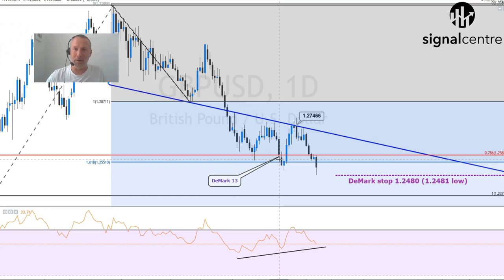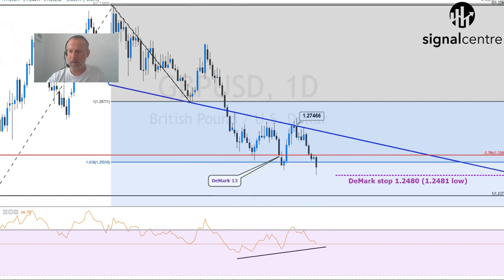We'll probably do an educational video on how to calculate those at a later date, but I've calculated it, and the DeMark stop for that 13 count is located at 124.80. Now on Friday of last week, we made a low of 124.81. So that stop, extremely close as it is, is still in place as far as this DeMark 13 count, bullish count, is concerned.